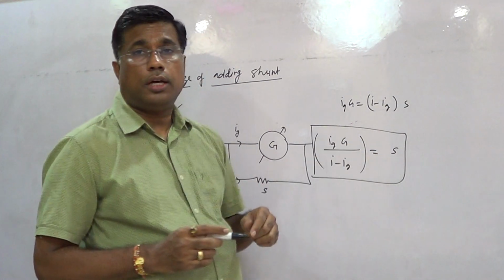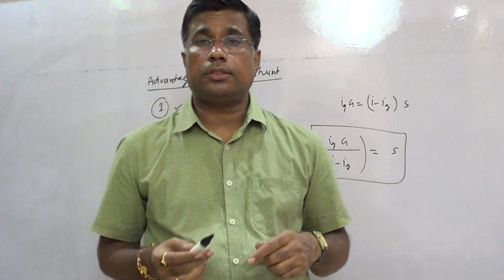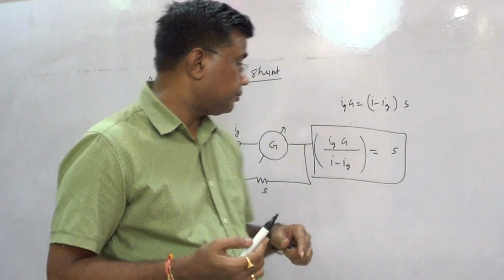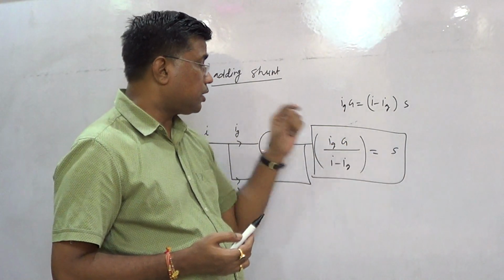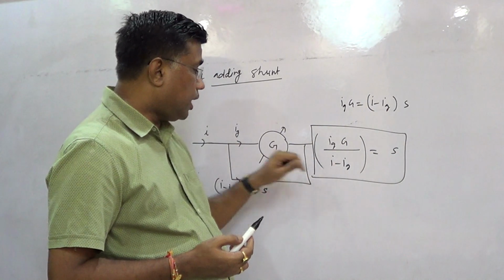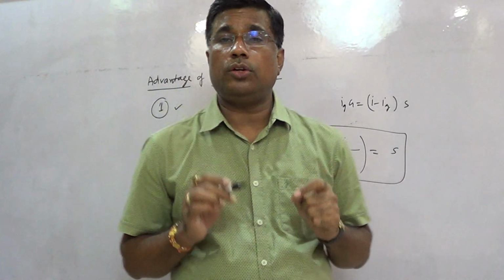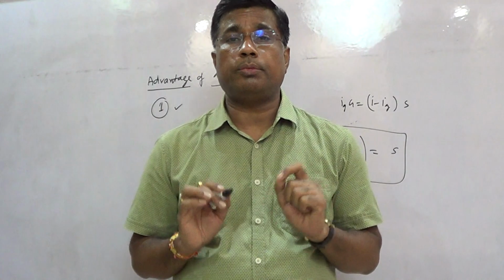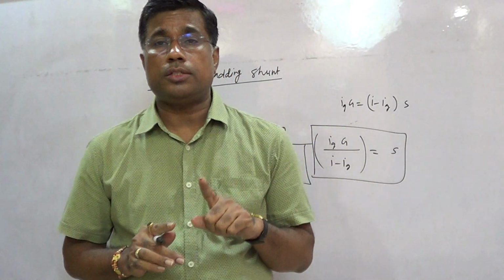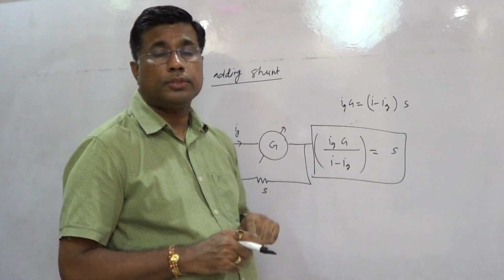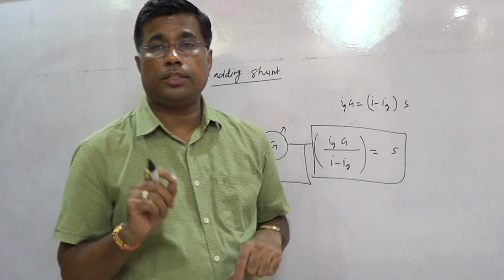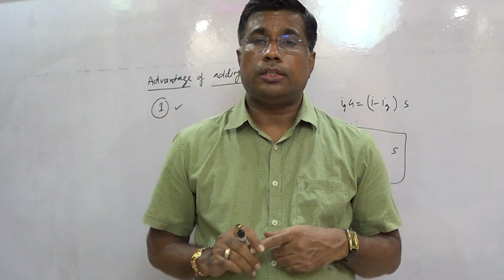S, I discussed so many times that it is the value of shunt resistance. So this is resistance of coil of galvanometer, this is shunt resistance. This I is the maximum value of current which you have to measure with the help of ammeter. So maximum range which can be measured by ammeter is I. And Ig is a very important term in this formula.